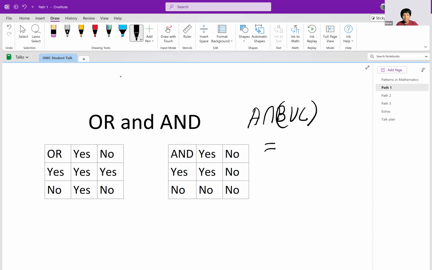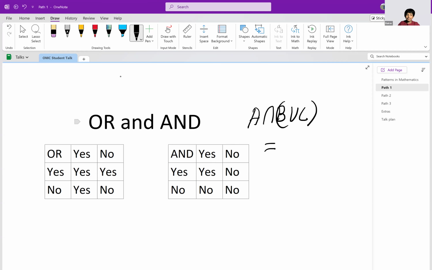But which of these is more like addition and which is more like multiplication? Is OR more like addition and AND more like multiplication?